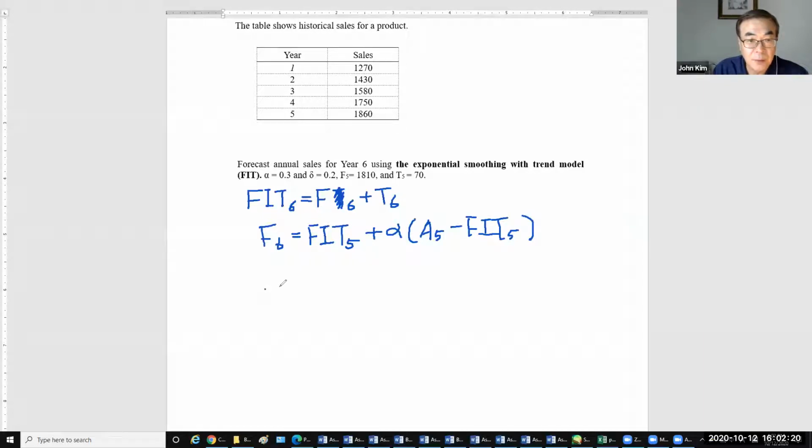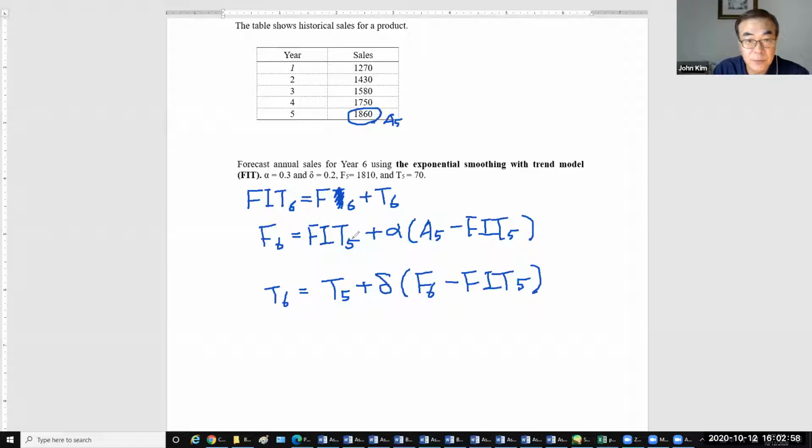And then T6 equals T5 plus delta times F6, have to calculate this one, minus FIT5. This one is A5. And then here, given F5 here, T5 here.